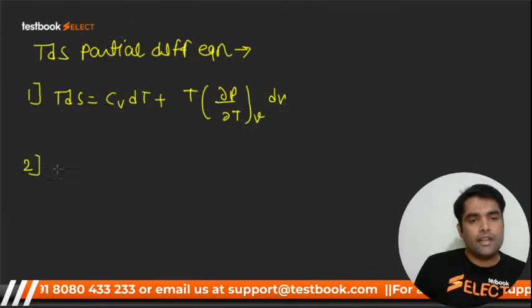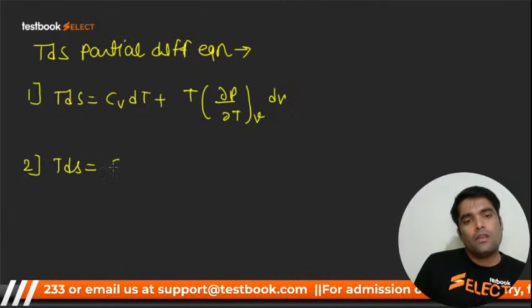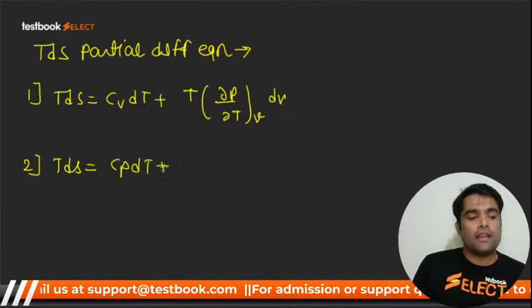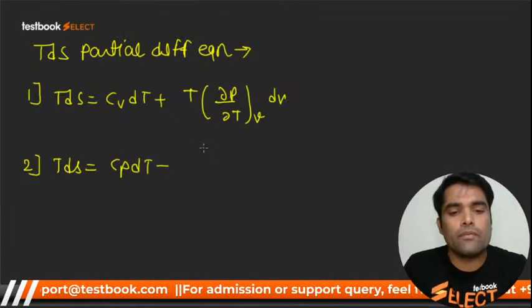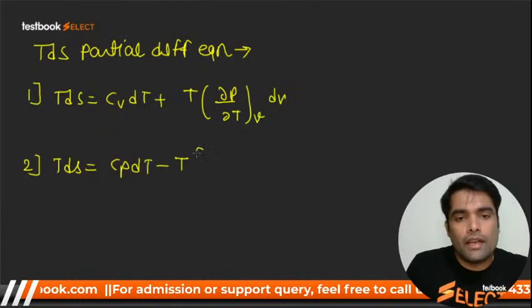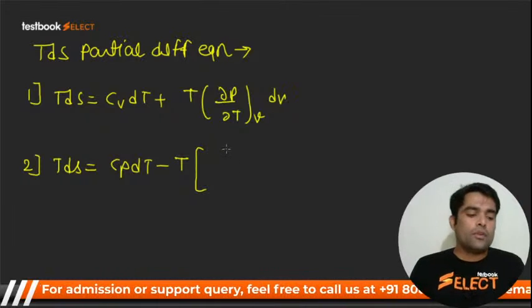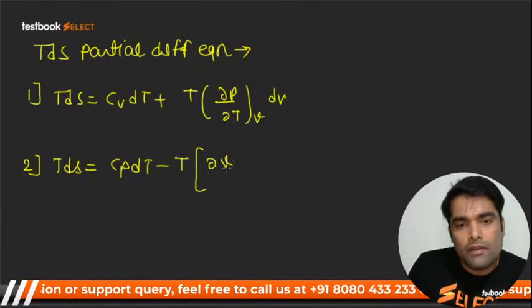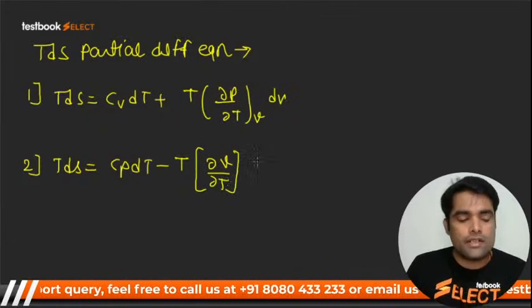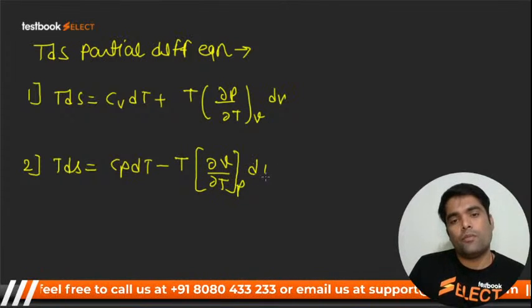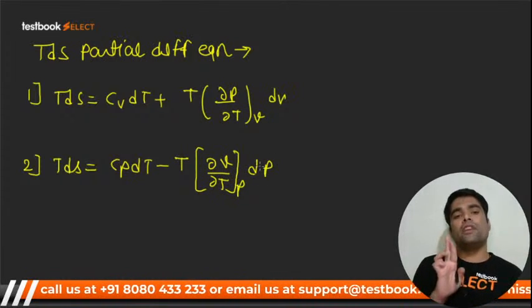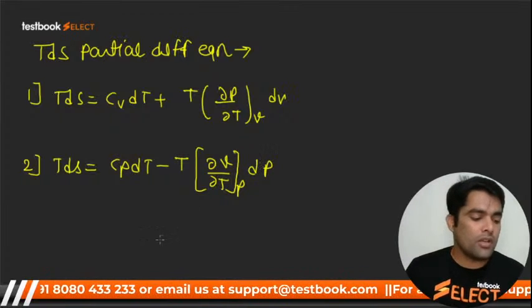Second, we have TdS is equal to Cp dT minus T into del V by del T at constant pressure into dP. These are the two partial differential equations of TdS, right? That you have to keep in mind.